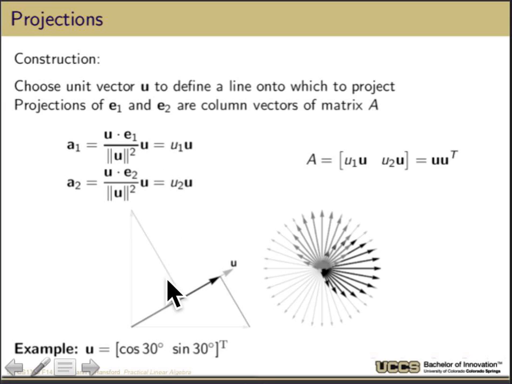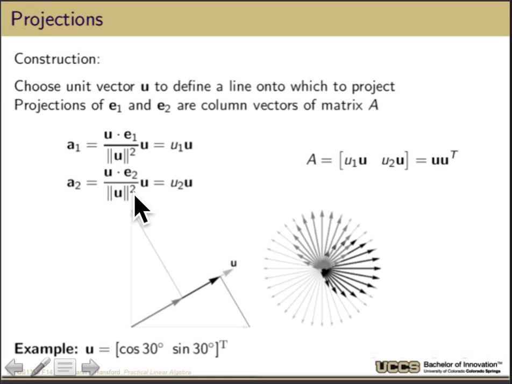Why? Because what I want to do is take the E1 vector and project it onto U. And if I build the right triangles, what is the length of this piece here, the magnitude of U, and I do all the similar triangles, and this gives me the first column, U1 times U.